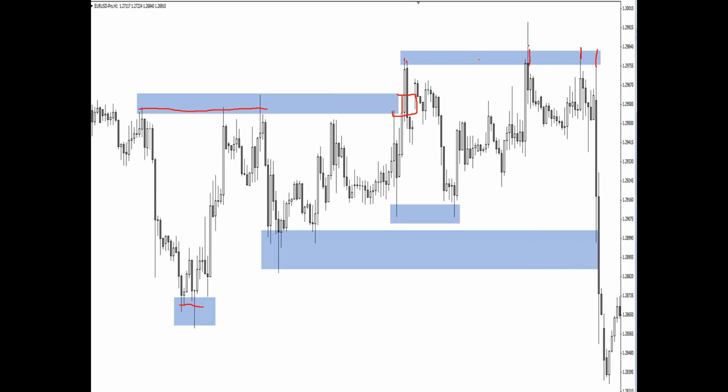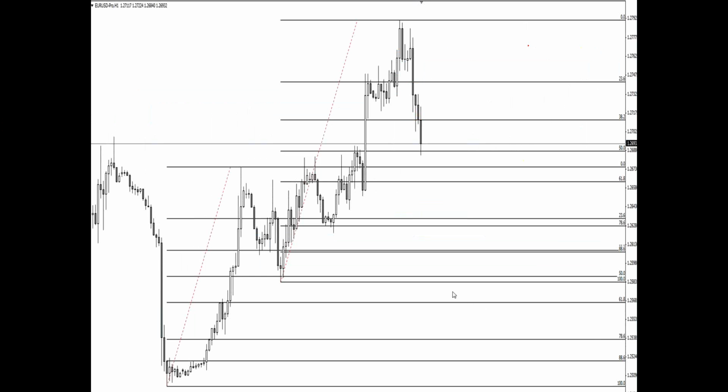Now, also with the Fibonacci confluence, we come to double Fibonacci confluence. With candlestick patterns we can use double Fibonacci confluence from bottom to top, from top to bottom, and so on.